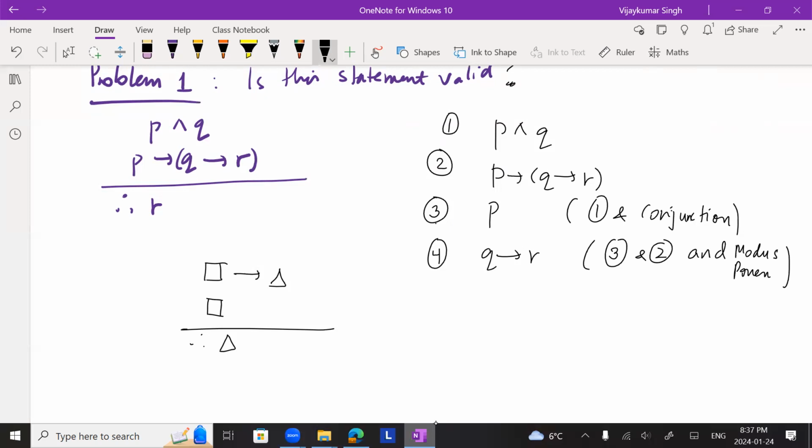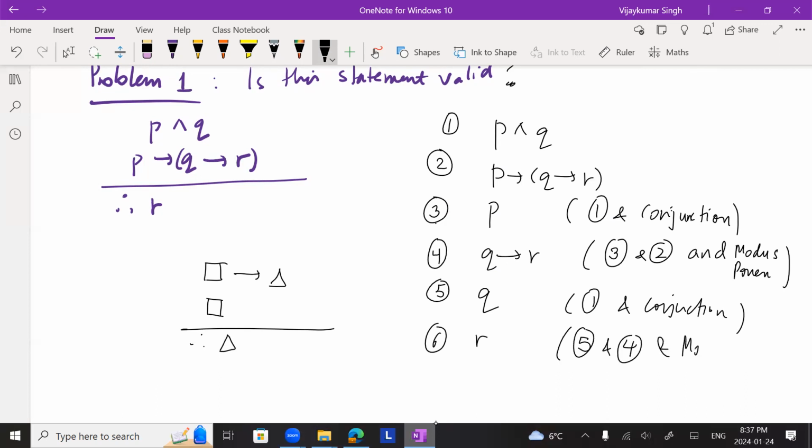Okay, so now I have 5. Now notice the following, interesting. P and Q again gives me Q as well, right? Why? 1 and conjunction. Now I have Q and Q implies R. Therefore, what do I get? R. What is that rule called? Modus ponens again. 5 and 4 and modus ponens.